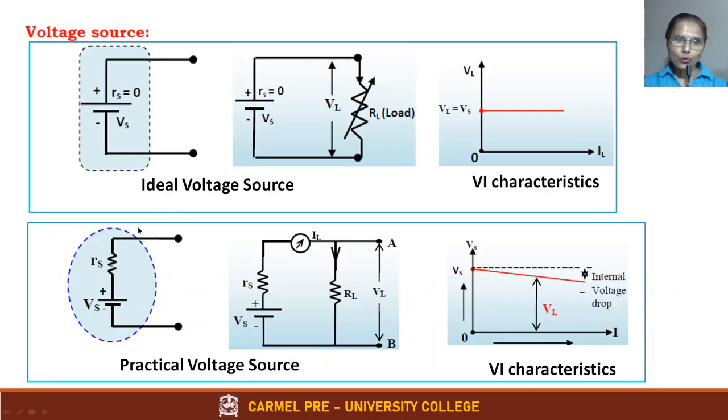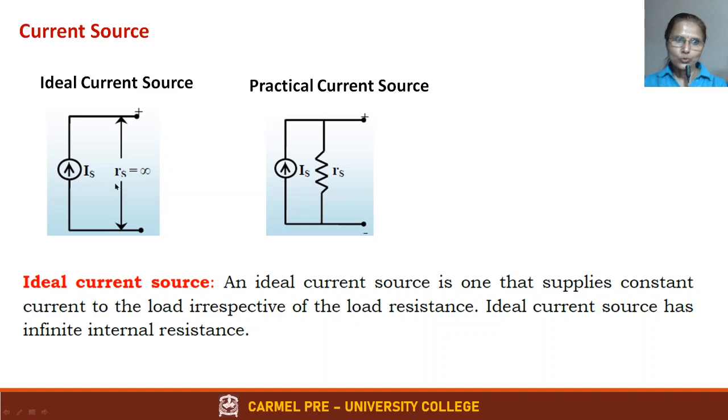In ideal voltage source, if there is no internal resistance, it is equal to 0. Whereas in ideal current source, if there is no internal resistance, it is equal to infinity, because it is considered in parallel. Okay, there it was considered in series. So practical current source will have a parallel resistance, internal resistance with the current source. So ideally speaking, this will be infinity. Practically it will have some value.